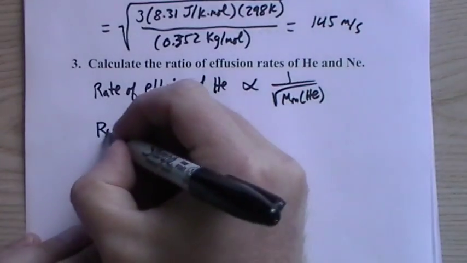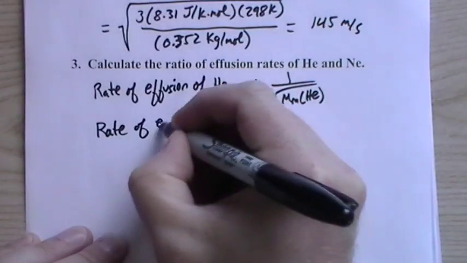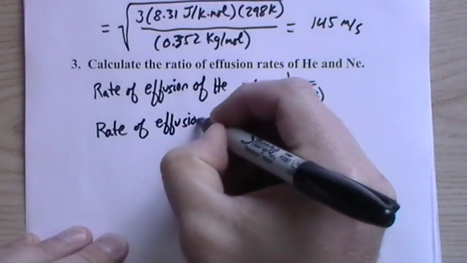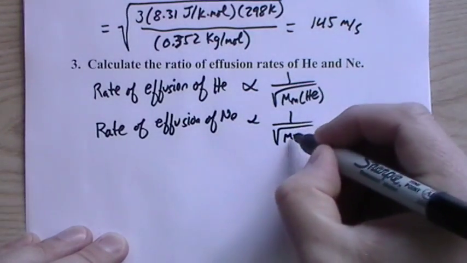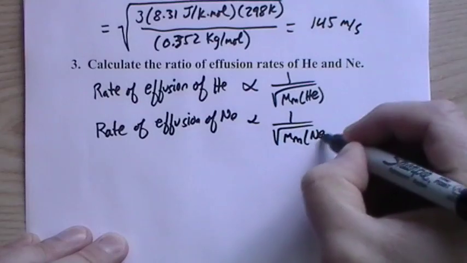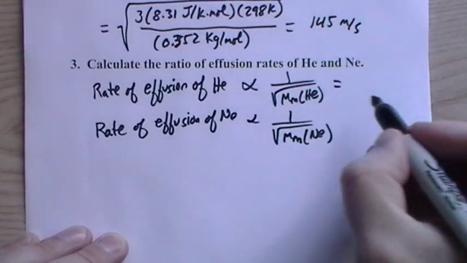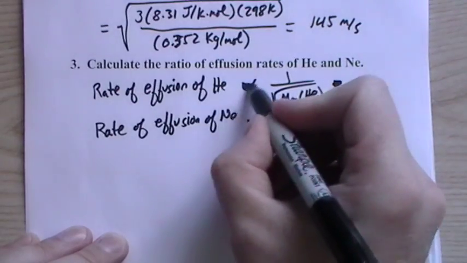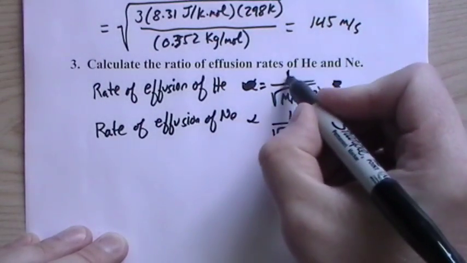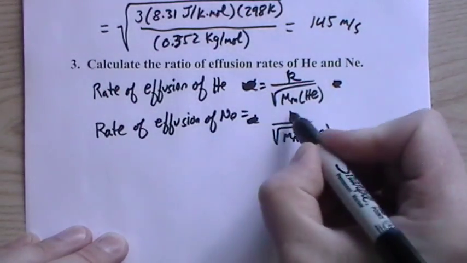And the rate of effusion of neon is proportional to 1 over the square root of its molar mass. So we can make this equal if we have some proportionality constant. We'll just call it K.